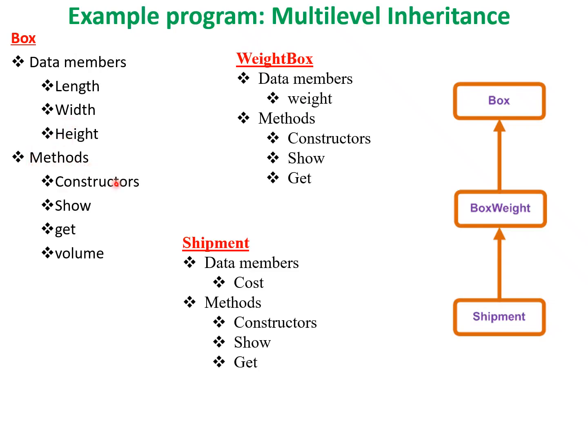Methods are constructor, show, get, volume. The BoxWeight class data member is weight. Methods are constructor, show, get. The Shipment class data member is cost. Methods are constructors, show, and get.